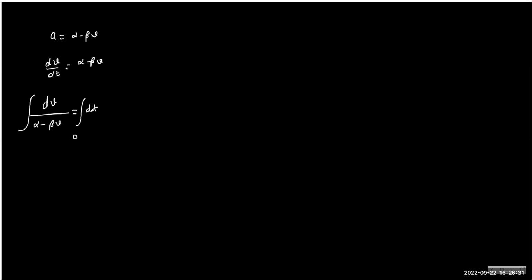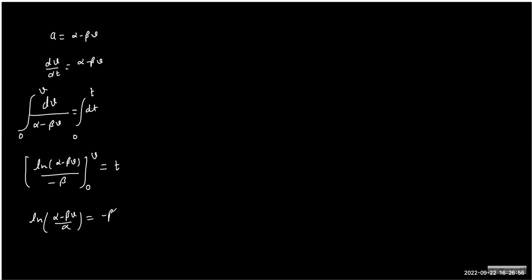When t was 0, there was no velocity, so v was also 0. So this will give you ln of alpha minus beta v upon minus beta, from 0 to v, equals t. If you put the limit, ln of alpha minus beta v upon alpha is minus beta t.